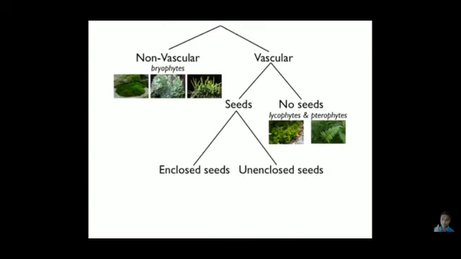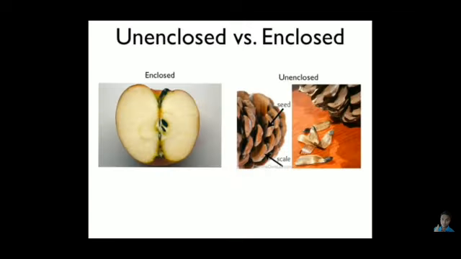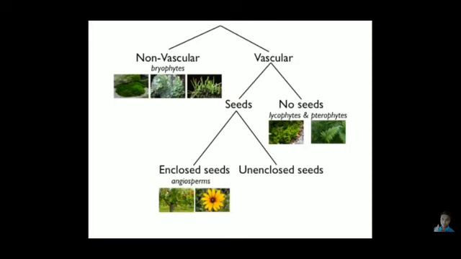Under vascular, seeds may be present, either inside the fruit or outside the fruit. Based on that, as you can see here, in the apple the seed is inside the fruit, and in the case of pine, the seed is outside the fruit. Then we further classify the seeds that are inside the fruit.